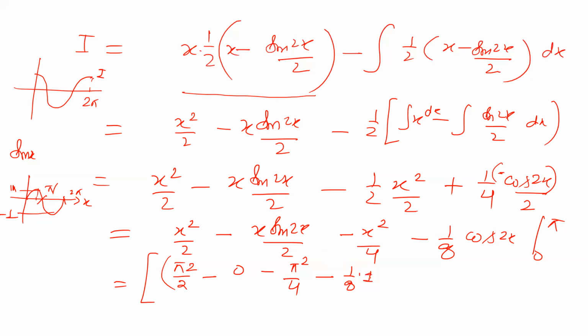Understood me? So and then minus lower limit. This will be 0. This is also 0. Minus 0. Minus 0. Minus 1 by 8. Okay.